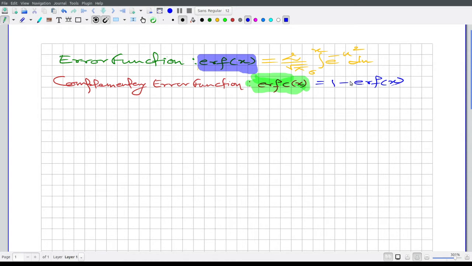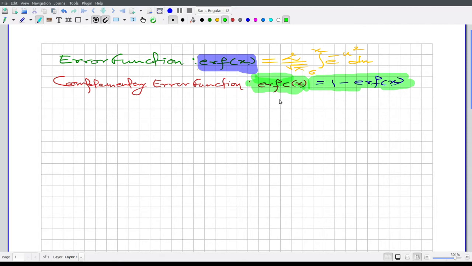Okay, so now what we have to do is try to correlate this complementary error function in terms of integral form, and we will discuss how to do this with mathematics.